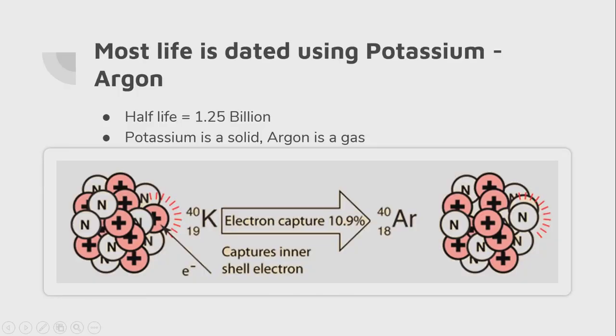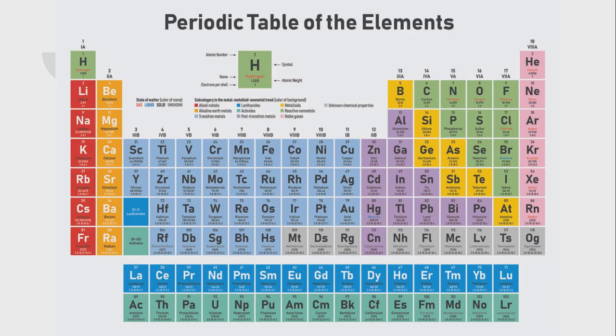To answer this question, it actually depends on another type of element, and that would be potassium and argon. Basically it's kind of the same as uranium, and essentially it changes a bit, and potassium can become argon. We can look at those on the periodic table again, and it's kind of the same idea.